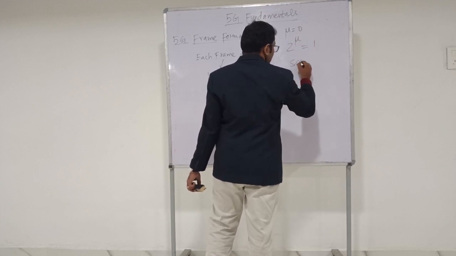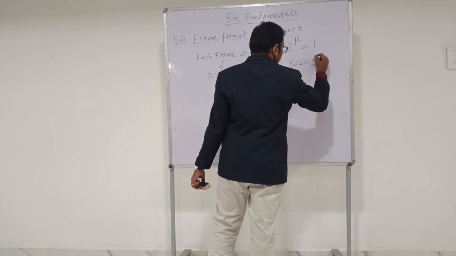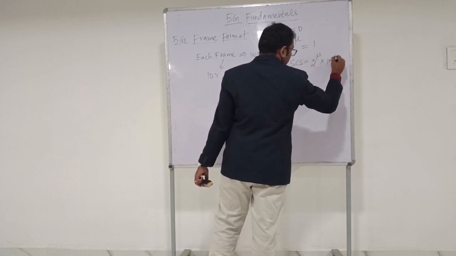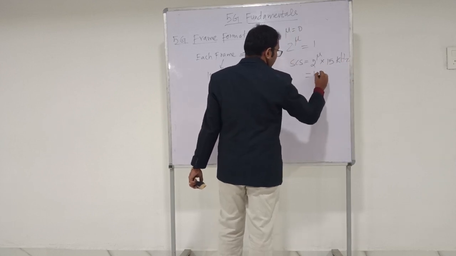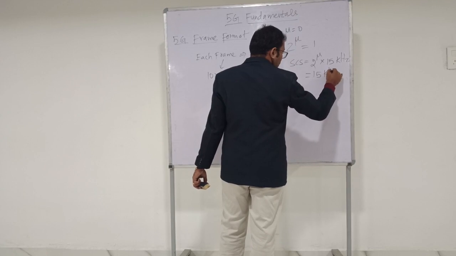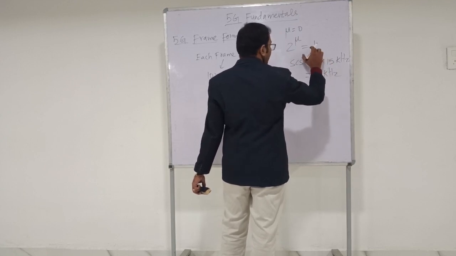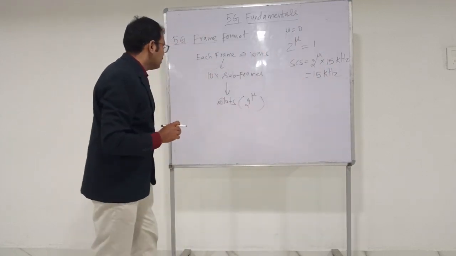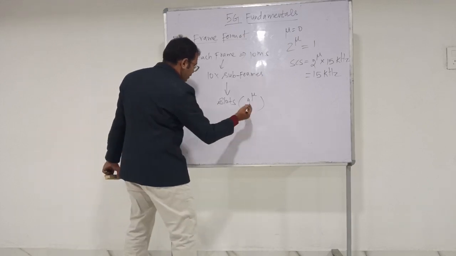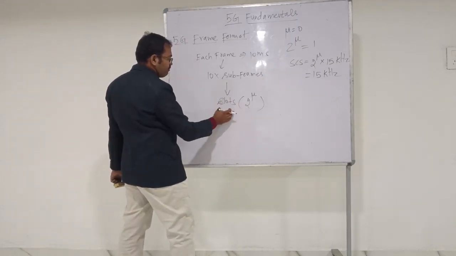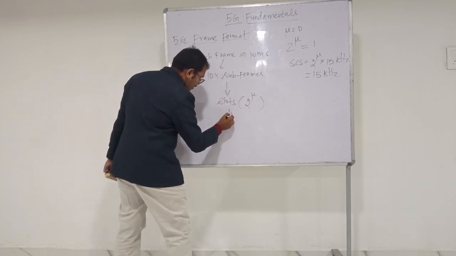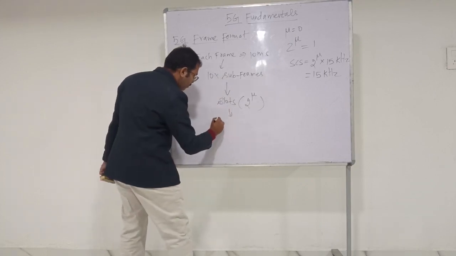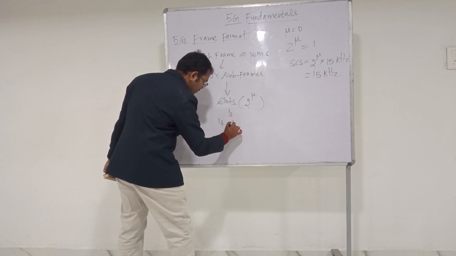Now what about the subcarrier spacing? 2 power mu into 15 kilohertz will now become simply 15 kilohertz. So the number of slots in the subframe will become only 1 slot per subframe. Then in each slot you will have 14 OFDM symbols.